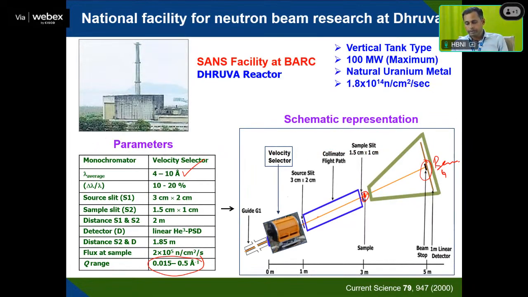So what we have studied so far: initially X-ray diffraction techniques, how X-rays are used for scattering as well as diffraction, where Bragg's law is satisfied. We discussed single crystal XRD, synchrotron XRD, and grazing angle XRD. All those XRD techniques we have studied.